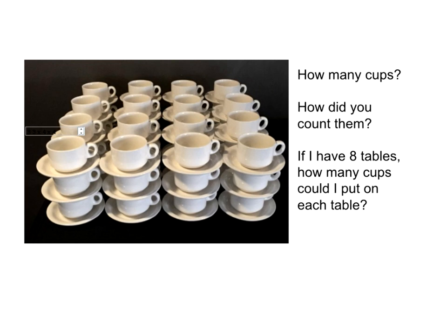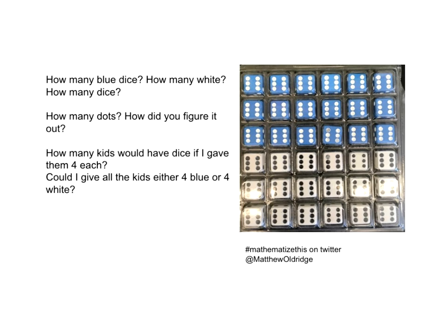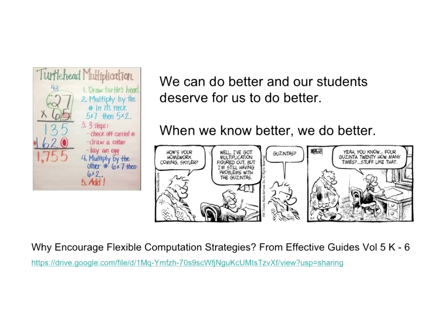Arrays here with some of the images hidden, so you can't just touch them to count them all, but you have to imagine what's there. And then finally, this level of image where you can ask all sorts of different questions depending on the age and grade level of your kids.